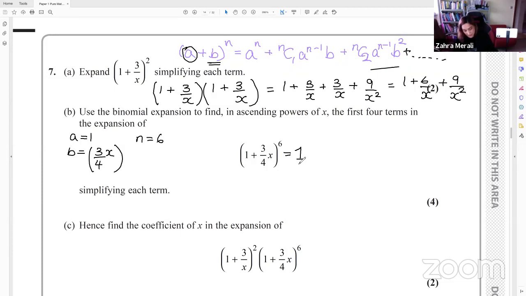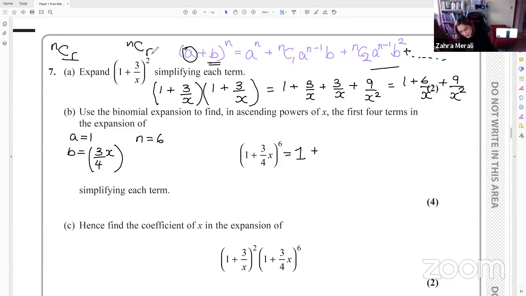Our second term is nC1. On my calculator, it's above the divide sign. You've got this button that says nCr. So here, I'll write it here, nCr. And that's the button that you're looking for in order to press.